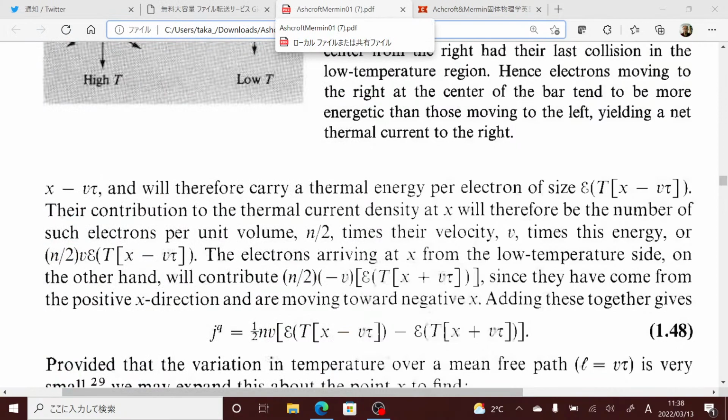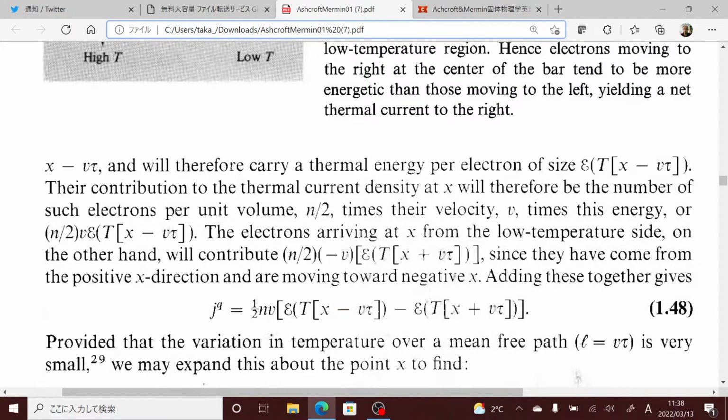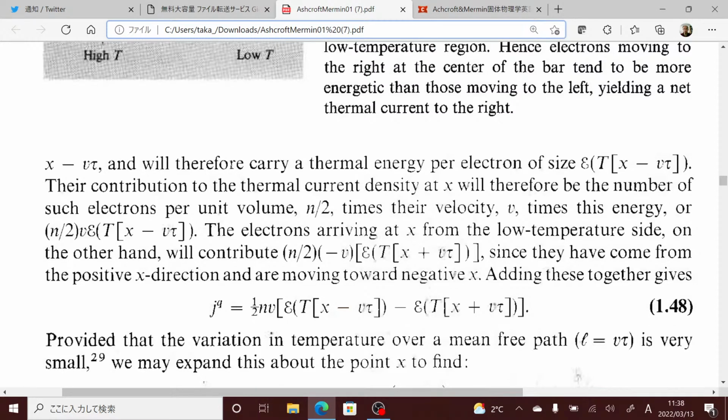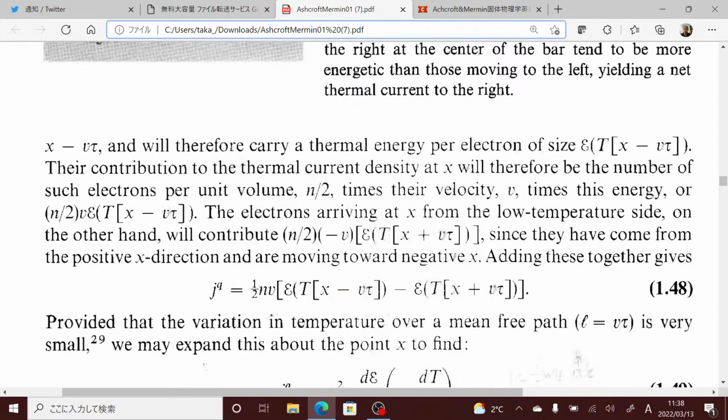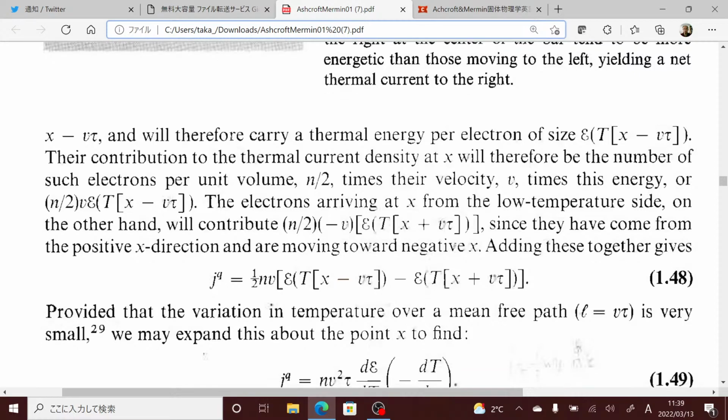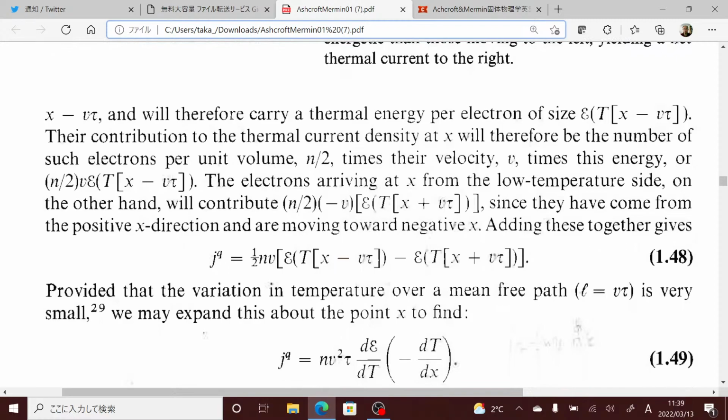Their contribution to the thermal current density at x will therefore be the number of such electrons per unit volume, n over 2, times their velocity, v, times this energy, or n over 2 v epsilon of T at x minus v tau. The electrons arriving at x from the low temperature side, on the other hand, will contribute n over 2 times minus v times epsilon of T at x plus v tau.